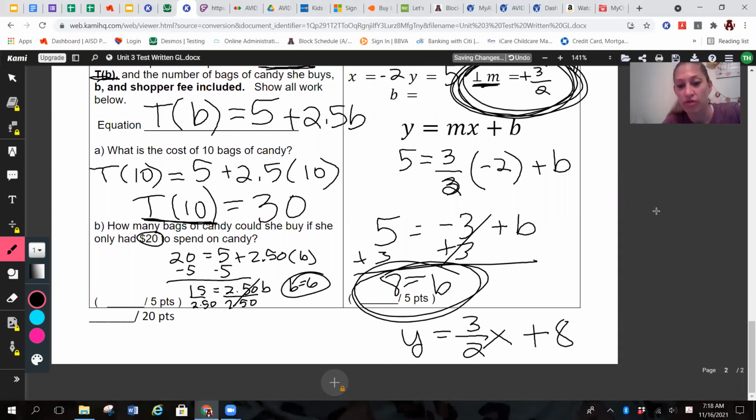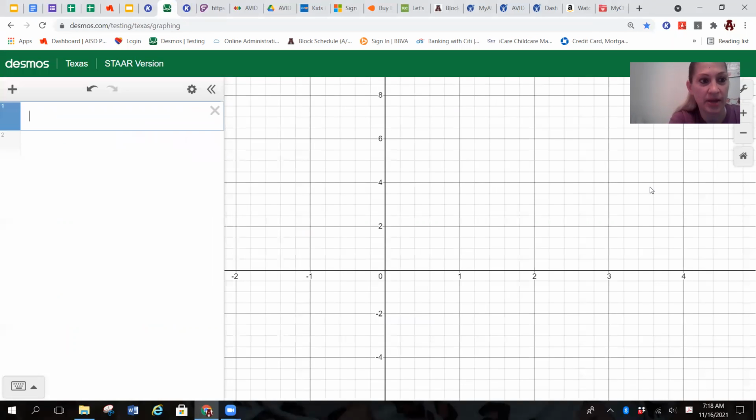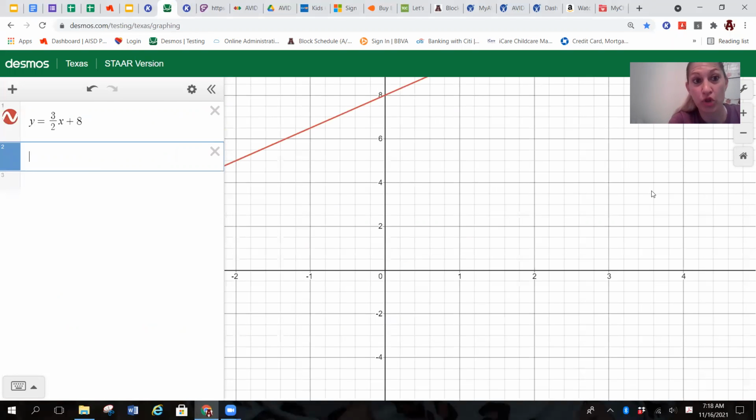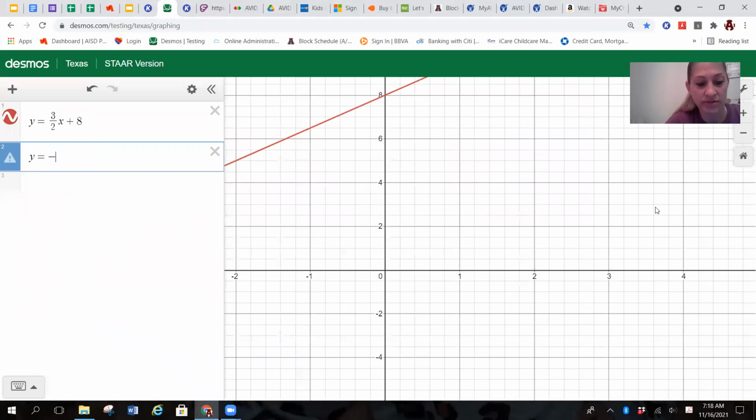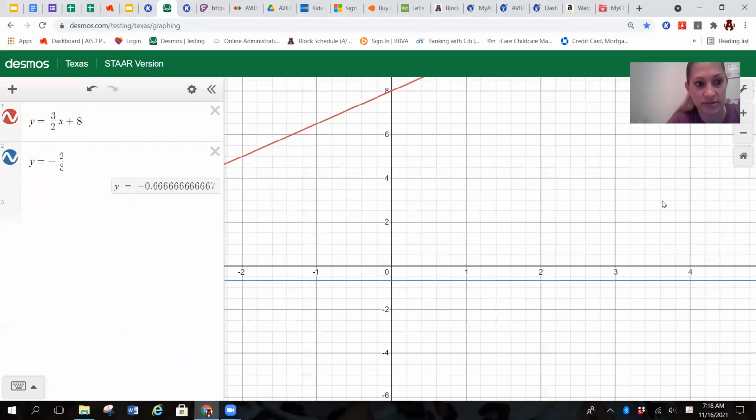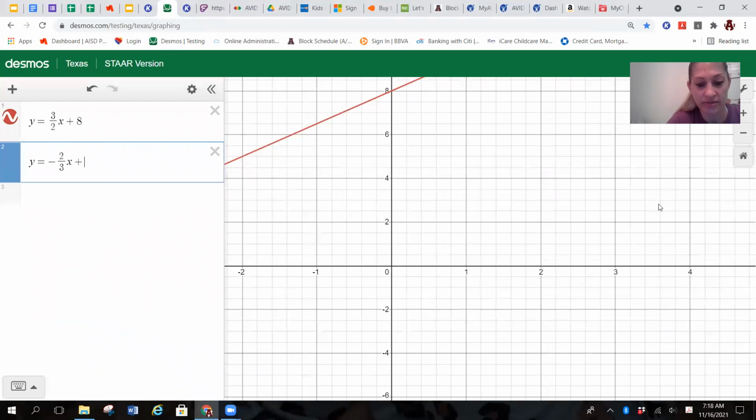Y equals 3 over 2x plus 8. So I can type that in. I can write the old equation, which was y equals -2 over 3x plus 7.